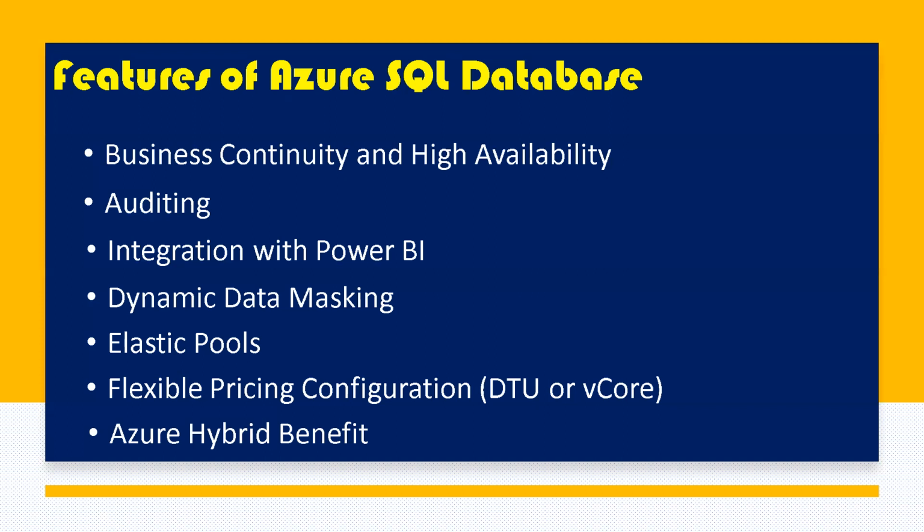The server should be available all the time. So we'll keep two types of servers: one is the primary, another one is the secondary. Once the primary one goes down, automatically the secondary one will come up. That feature we can use.